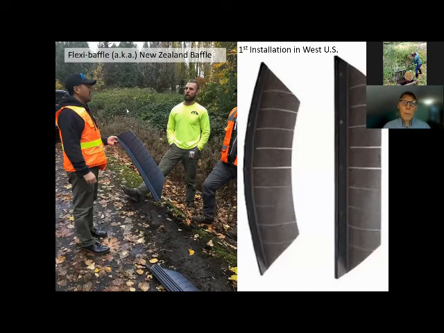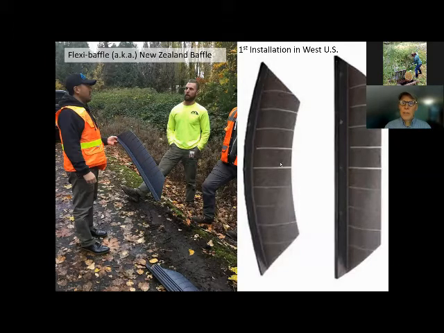People are probably used to baffles being made of steel or concrete that get affixed into a culvert. But what you're seeing, and this is Roy Ey of Multnomah County Transportation Department, who has been really instrumental in helping us with the two county culverts we worked on, is him holding a Flexibaffle. They're very inexpensive. They can be put into a culvert with one person with a handheld drill.